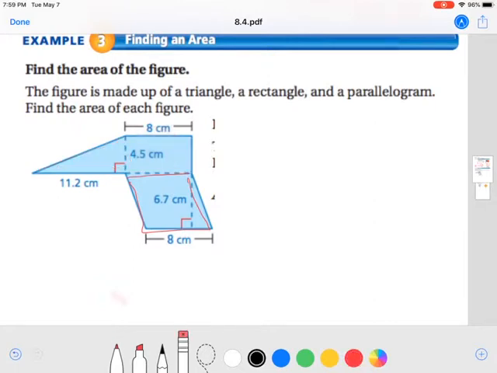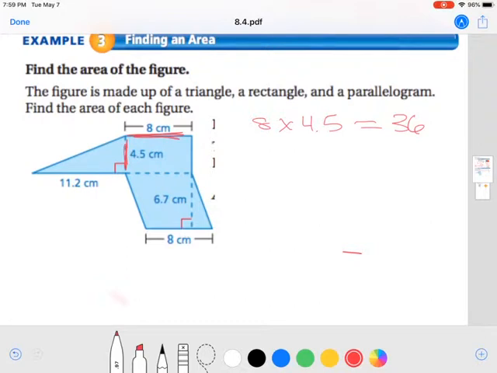So let's start out with our rectangle. So remember, for a rectangle, we have base times height, or length times width. Our base is this 8 right here, and our height is this 4.5. So our area right here is going to be 36.